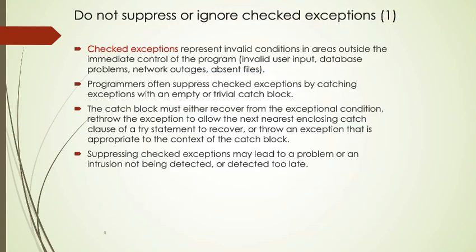Now, it's often impossible to account for every possible situation or every possible value of an argument with validation. It's often not possible. So sometimes we have to assume that there will be exceptions. Exceptions are either checked or unchecked.